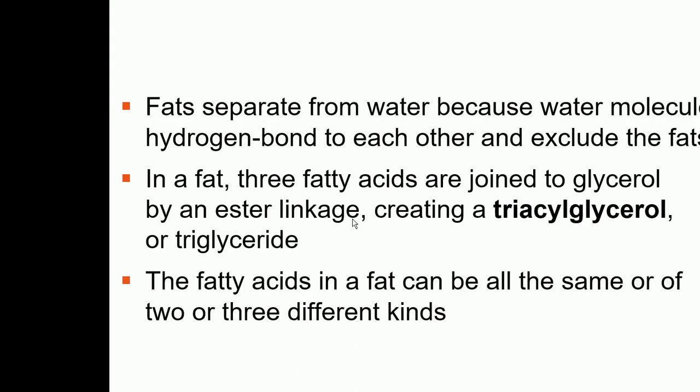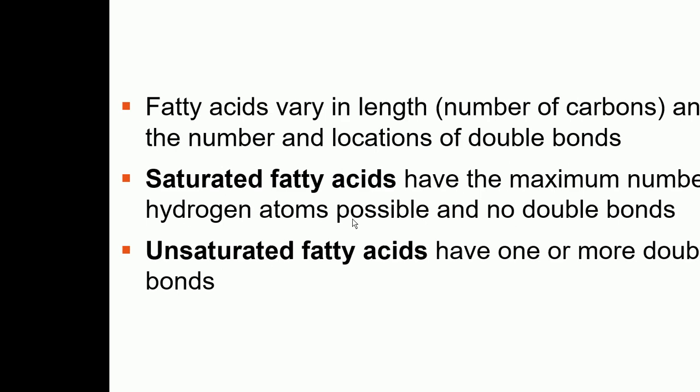Now the fatty acids in a fat molecule can be of 2 kinds. They can be saturated fatty acids or they can be unsaturated fatty acids. The saturated fatty acids are those fatty acids in which the carbon atoms are linked to each other by single bonds. And unsaturated fatty acids are those in which these carbons are linked to each other by double bonds.